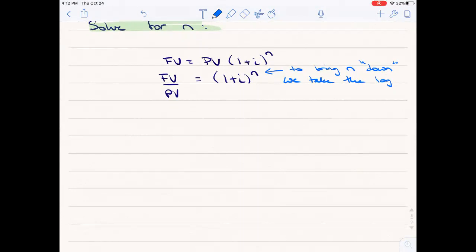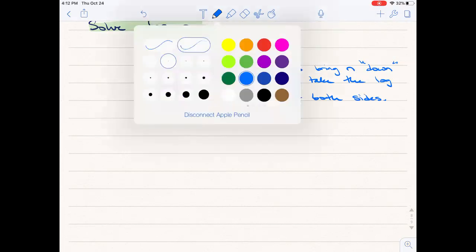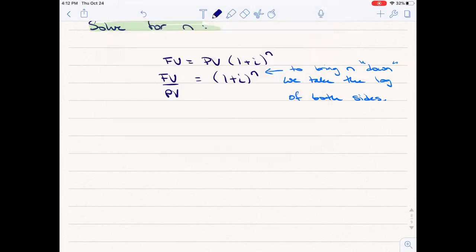we take the log of both sides. Then by the properties of logs, if we have a power, it can be multiplied down in front. So the log of the future value over the present value is going to be the log of (1 + i)^n.